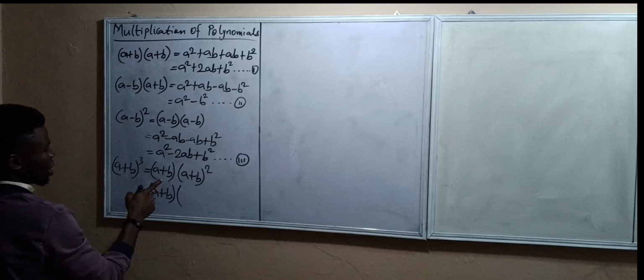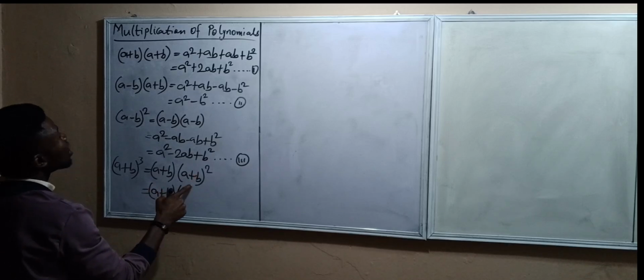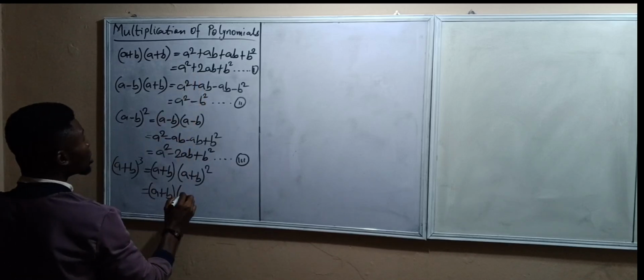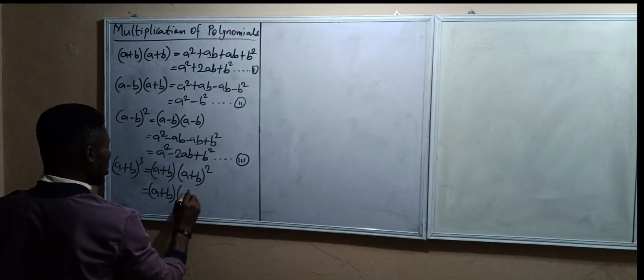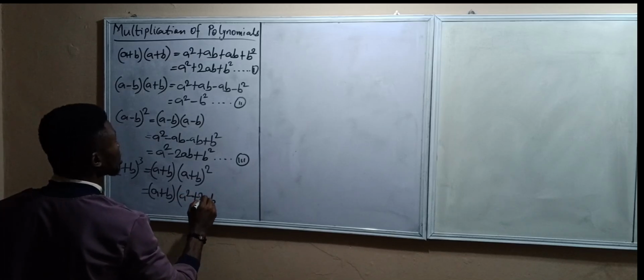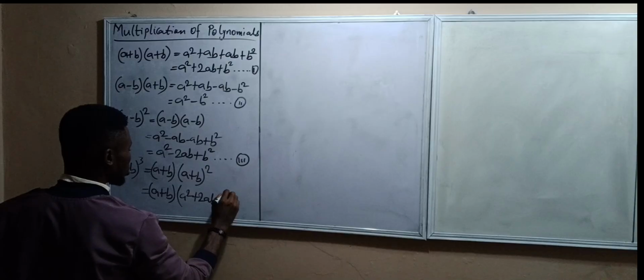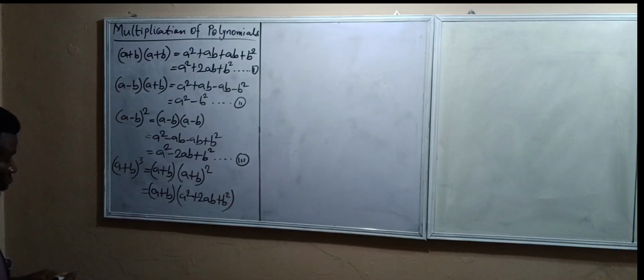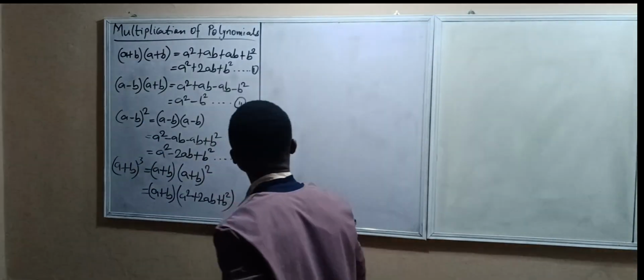So it's just like a plus b multiplying this one. This one already is this. So it is a squared plus 2ab plus b what? Squared. Now let's open.